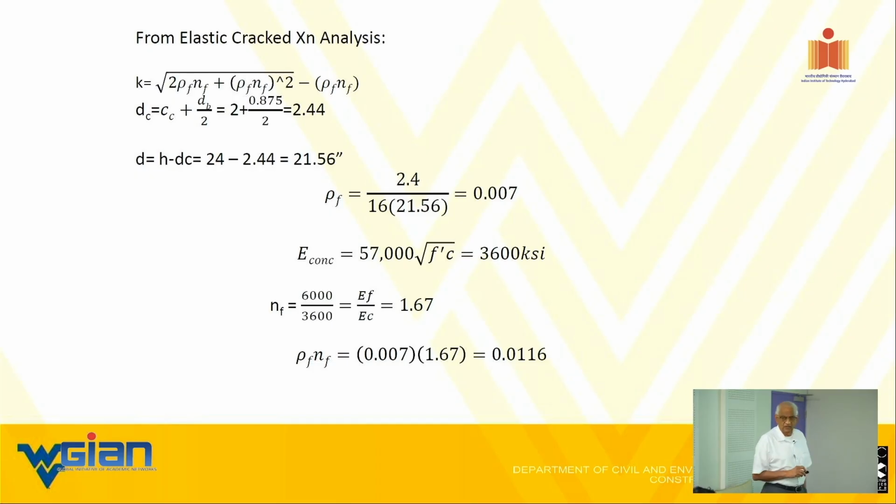I gave you that other equation if you recall, but this is a little bit easier to compute, and the elastic crack analysis where we found the k value, I'll show you that in a minute. nf is the modular ratio, that is the stiffness of FRP over stiffness of concrete.